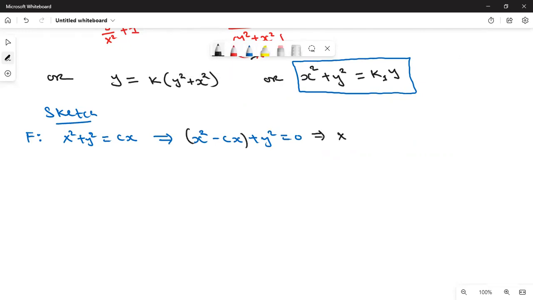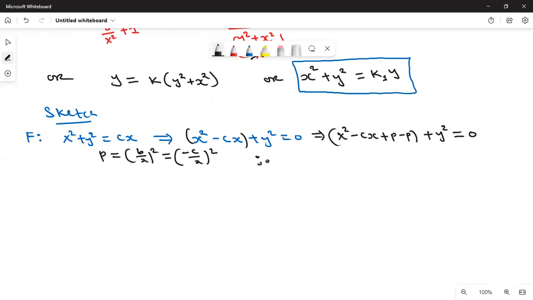I'm going to get x squared minus cx plus a number, call it p, then minus p, then plus y squared is equal to 0. So how do we get p? P is equal to b over 2 squared, where b is the coefficient of x. So that's negative c over 2 squared.